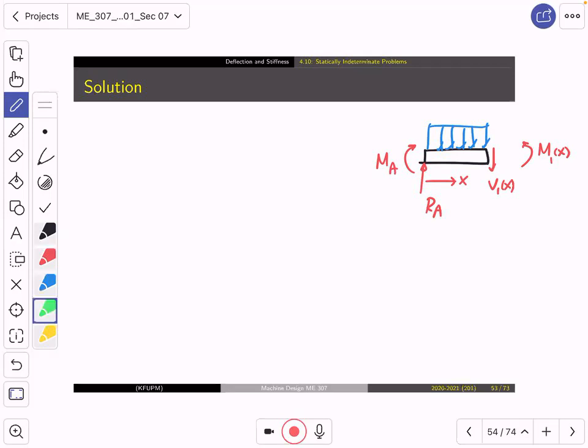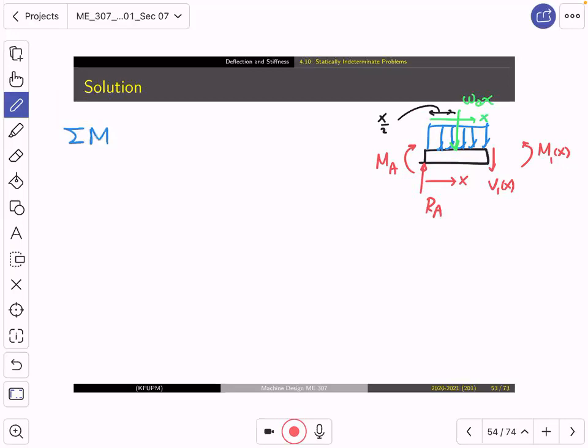This distance is x, so the distribution is W0 multiplied by x, right? And the distance from here to there is x over 2.